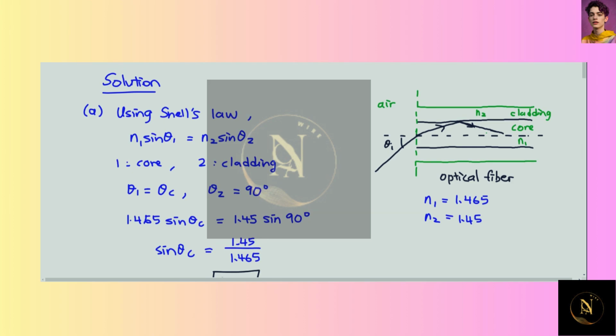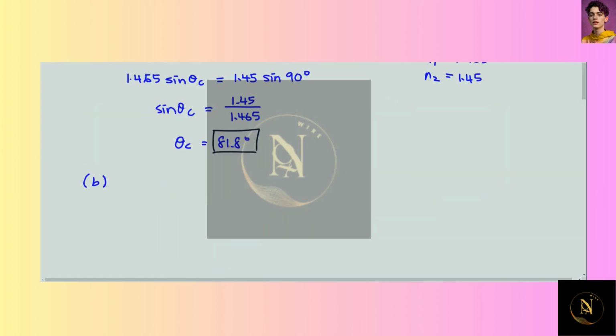Then in part B, we want to show that sine theta I, the incident angle on this diagram, is equal to the square root of n1 squared minus n2 squared. Let's redraw the diagram.